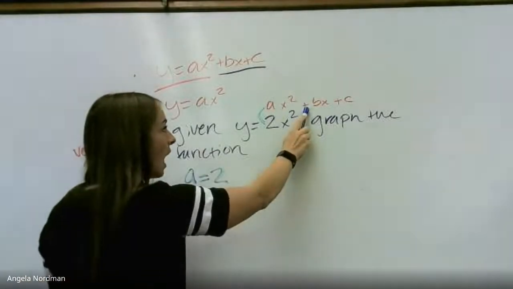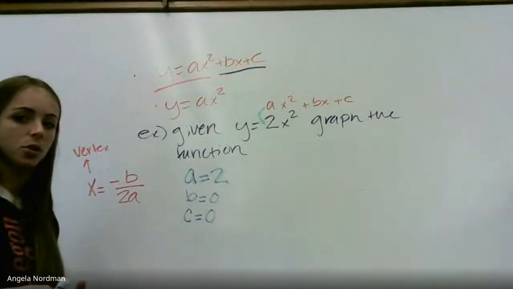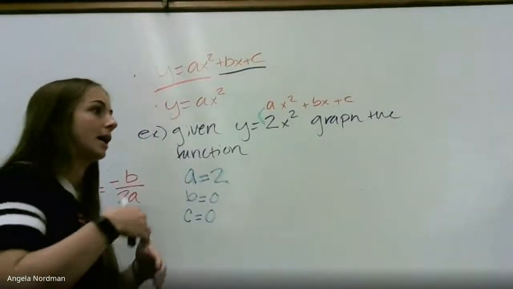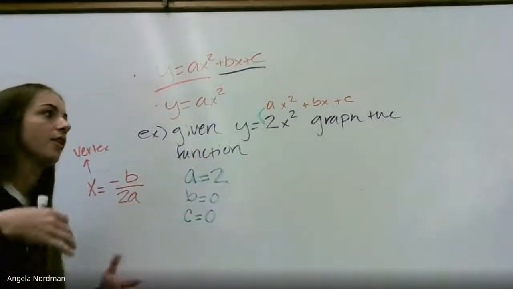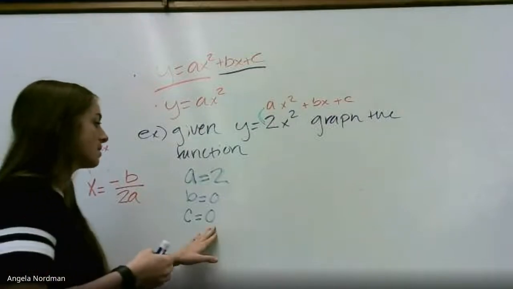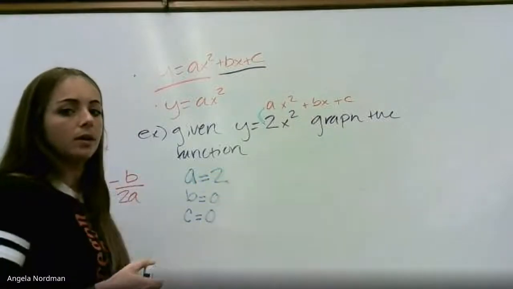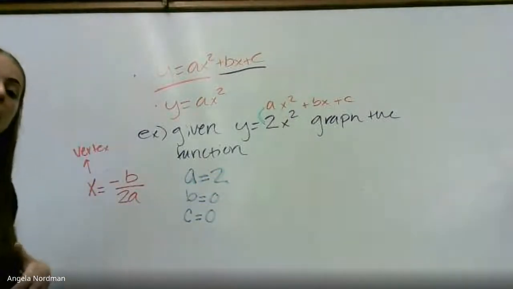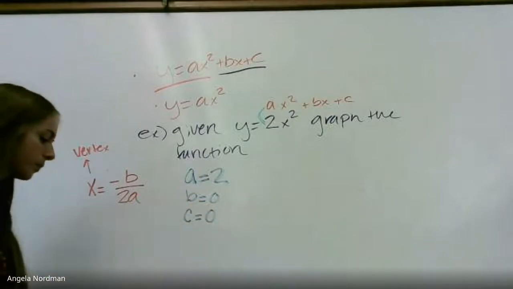If I'm not adding on anything to this 2x squared, that means I can only be adding on 0. If it was a half, I'd be adding on something. If it was 500, I'd be adding on something. So adding on 0 is the same thing as adding on nothing here. So when that variable does not exist, that number actually is representative of 0.